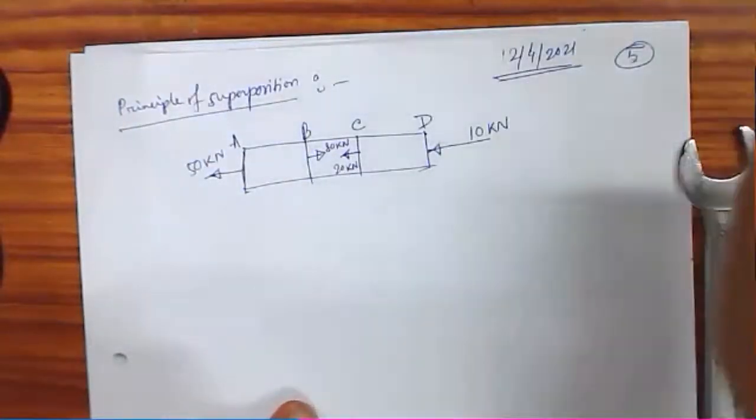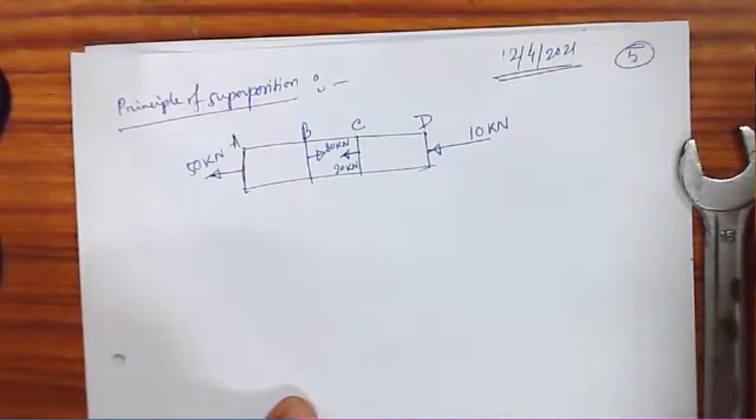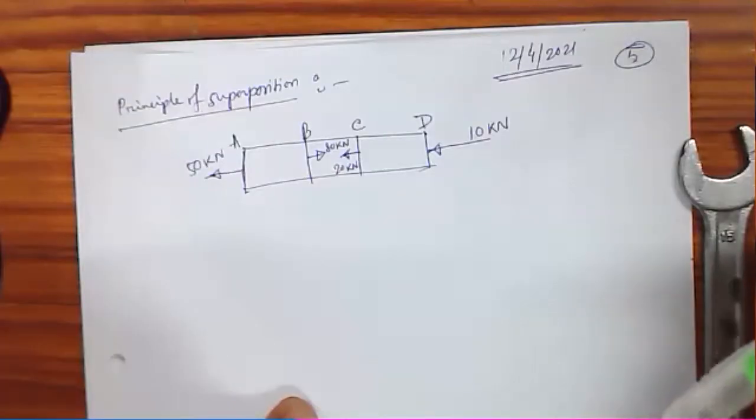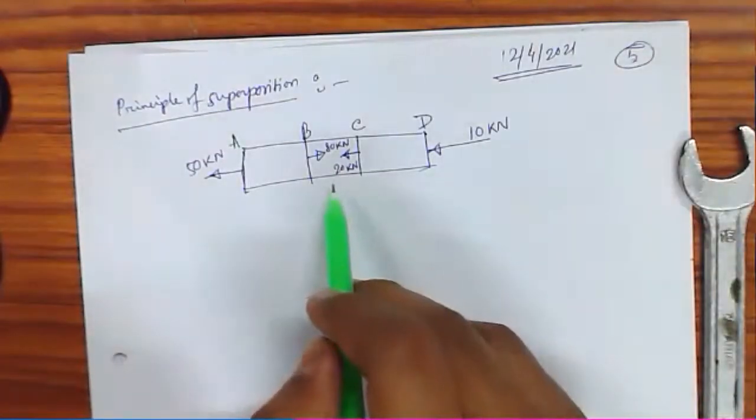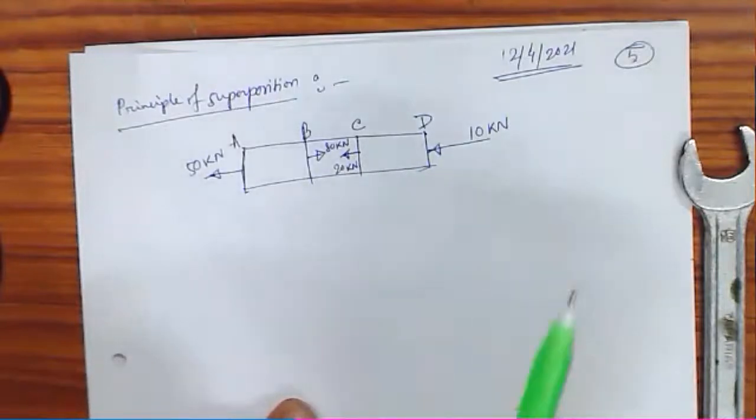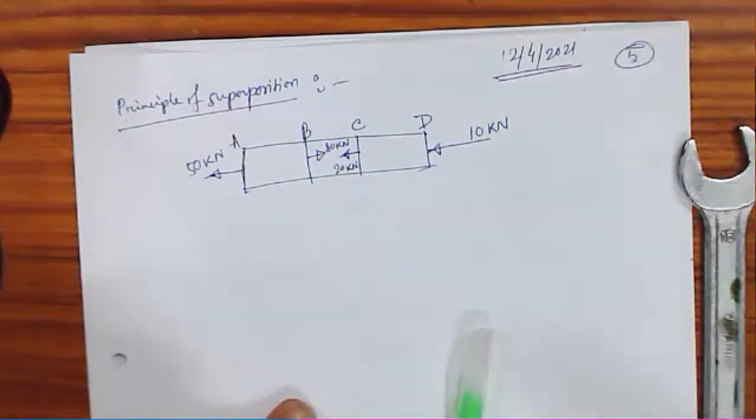If any one force is not given here, or say given as P, an unknown value, then you have to find it by using the condition of equilibrium. That is, the summation of the leftward forces should be equal to the summation of the rightward forces.